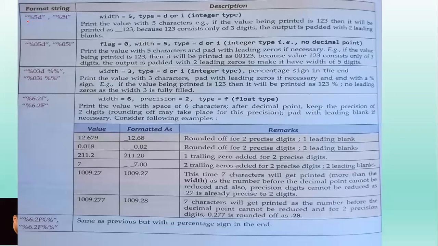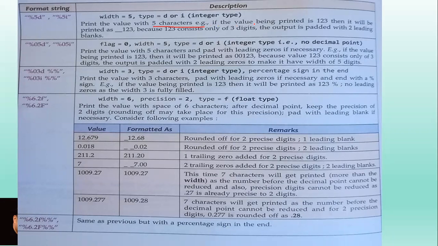See, if your format is percent 5 D, or percent 5 I, D or I means integer only. Then what does it mean? It means the width is 5, data type is D or I, that is integer type. Listen very carefully. It will print the value with 5 characters, right? Because width is 5.